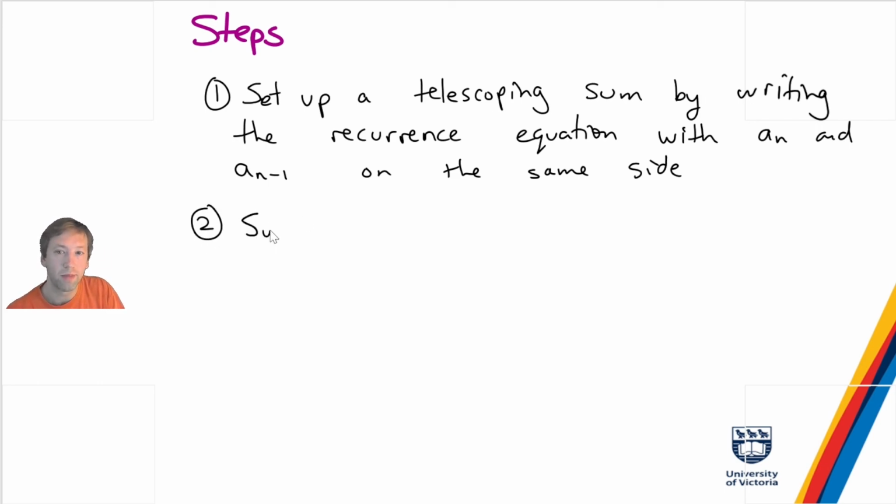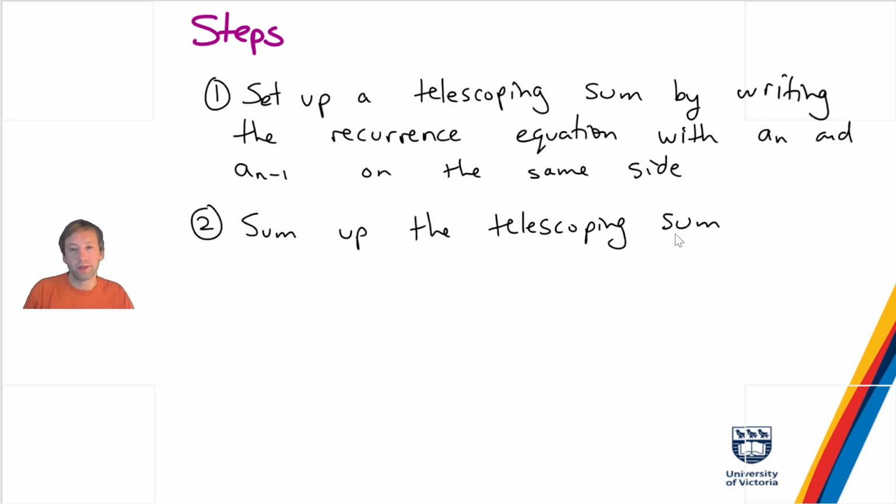Two, we sum up the telescoping sum, and you sum up both sides of the equation.